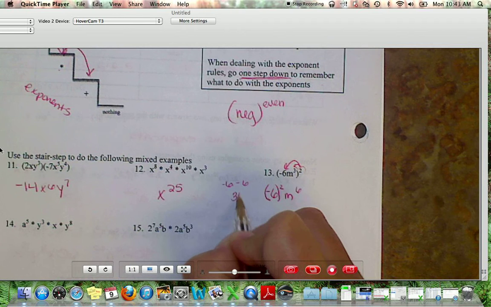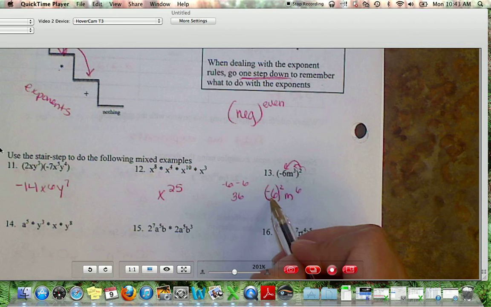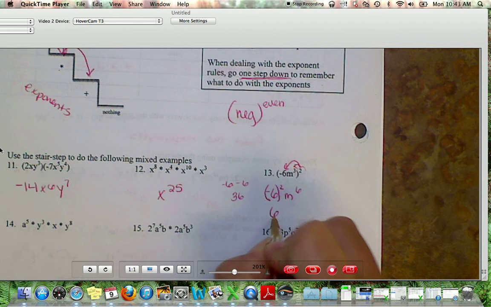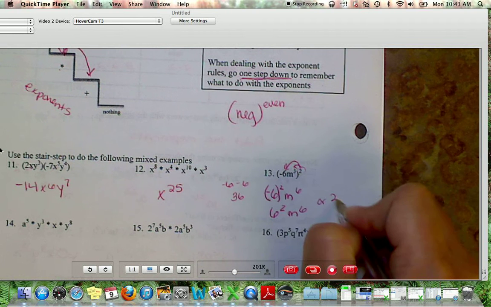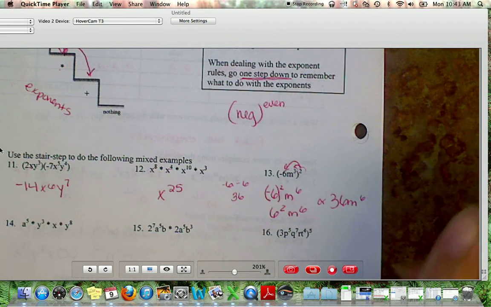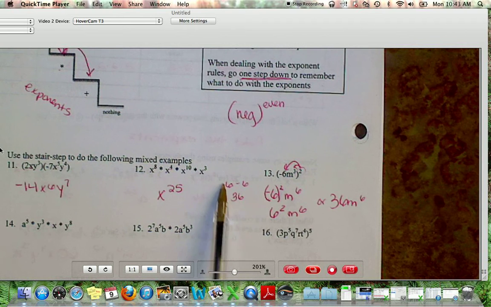So it would technically be +36. We want to keep it in exponent form, so really -6 to the 2nd power is +6 to the 2nd power. Or you could write 36m to the 6th. But you have to remember that if it's a negative number that you're raising to an even exponent, then the negatives will always pair up and make it positive.